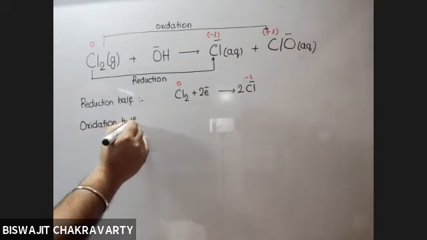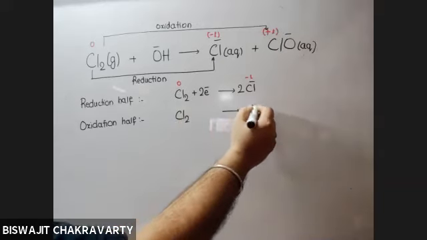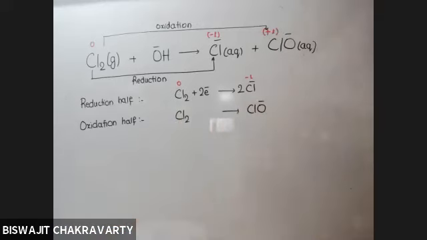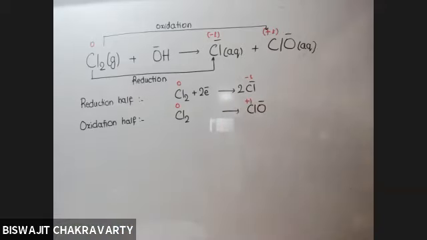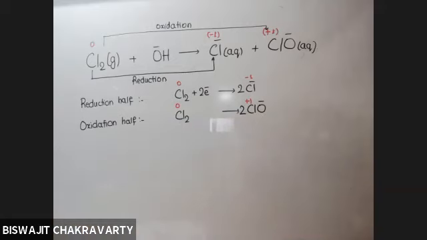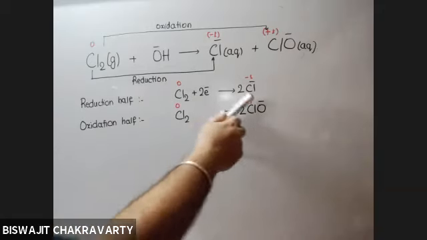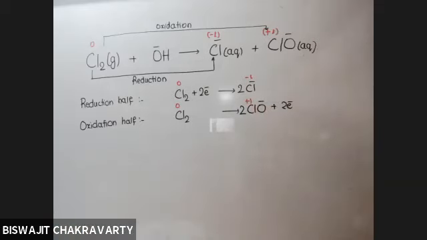Oxidation half: Cl2 changing to ClO minus. Zero changing to +1. Again, put 2 here. So per chlorine, there is a change of 1, so for 2 chlorine, 2.